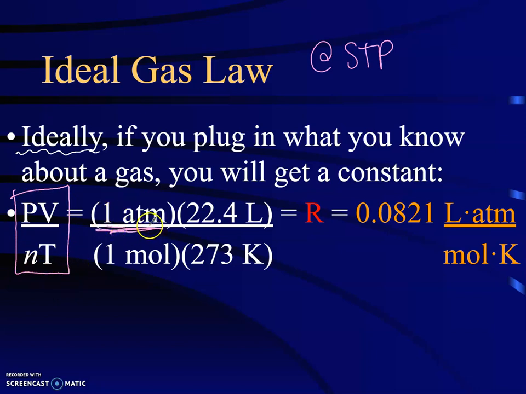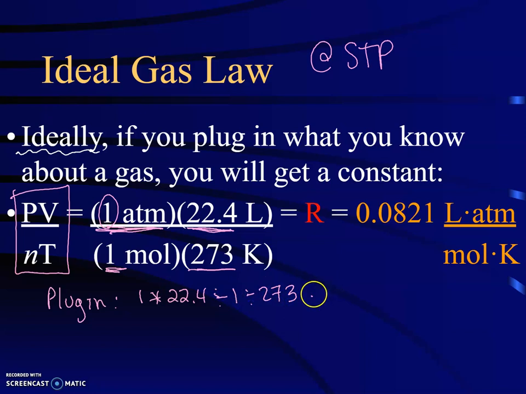That's going to be the easiest unit, because it has the value of 1 mole of gas, again, also the easiest number to plug in, is going to occupy 22.4 liters and be at 273 Kelvin. So go grab your calculators, okay, plug in 1 times 22.4 divided by 1 divided by 273, and you're going to see this value come up.